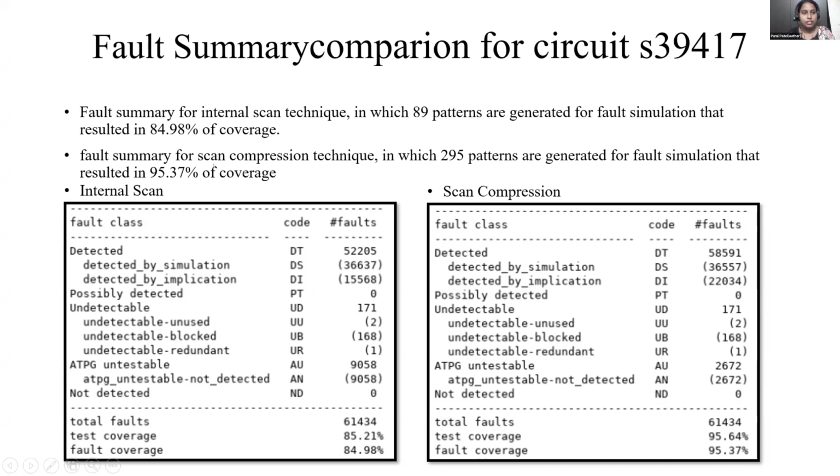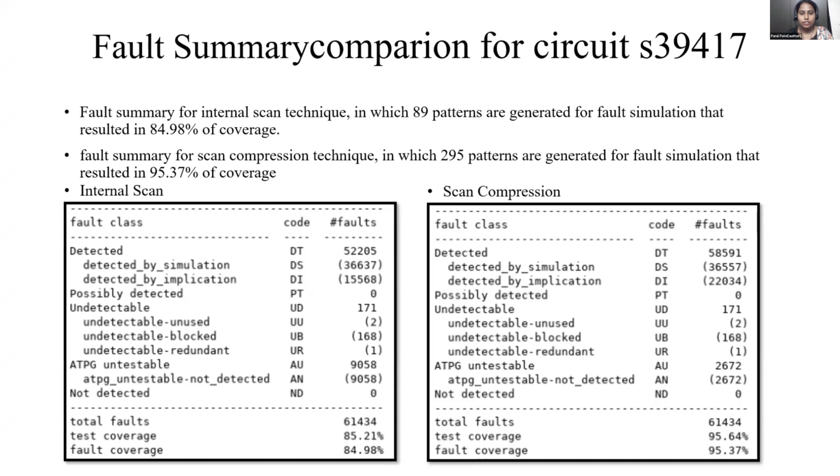Now, why is there a pattern count difference? Because in scan compression we have more chains and we are breaking them, so we need more patterns to test it as compared to internal scan, because now our chains are broken. There would be some more circuitry inserted so that the functionality of the flip-flops is not hampered. We have to cope with functionality, speed, and timing.